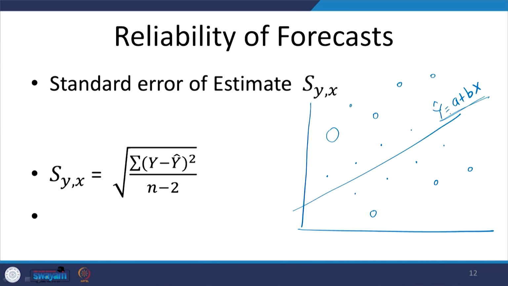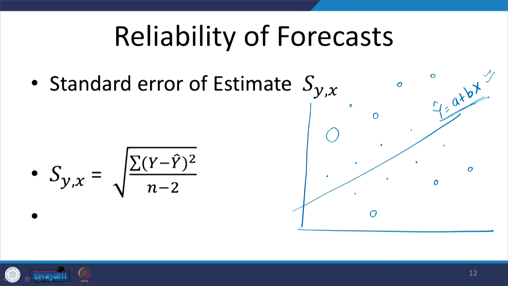The same equation is representing both these data sets, but when the data is narrowly scattered around the line of regression, this line is giving more accurate forecast, or reliability of the forecast is good. When the data set is widely scattered, the reliability of the forecast is not so good.